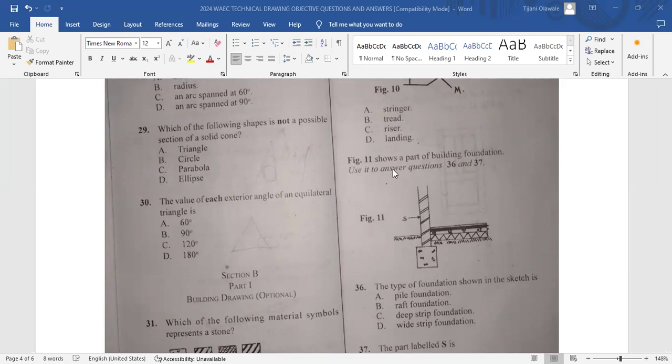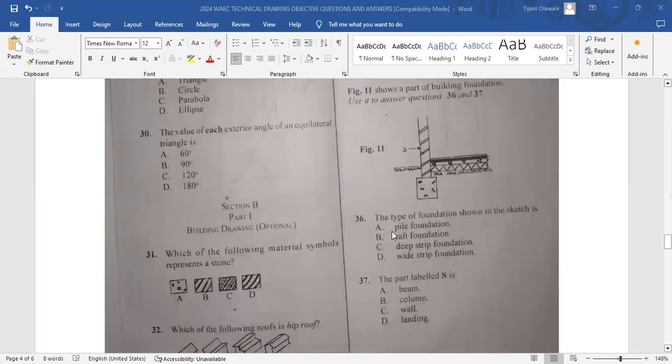As we are told that figure 11 shows a part of a building foundation, we use it to answer questions 36 to 37. Question 36 says that the type of foundation shown in the sketch is a deep strip foundation. That is option C. Then question 37 says that the part labeled is a wall. That is option C, the answer to that question.